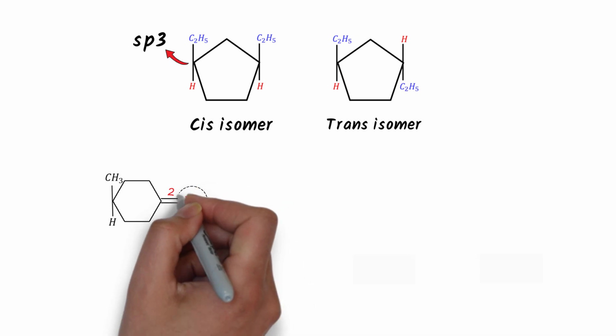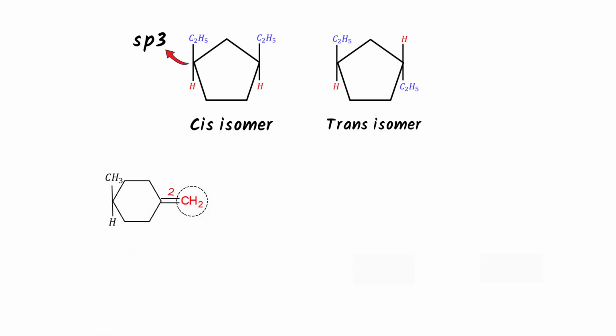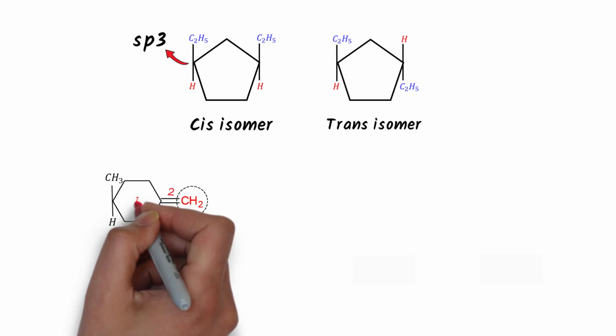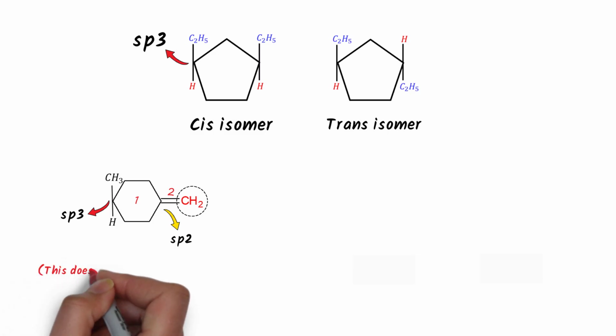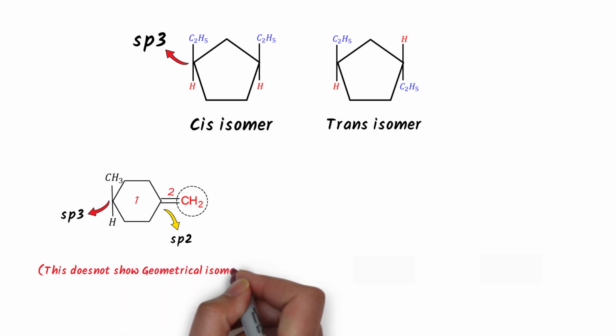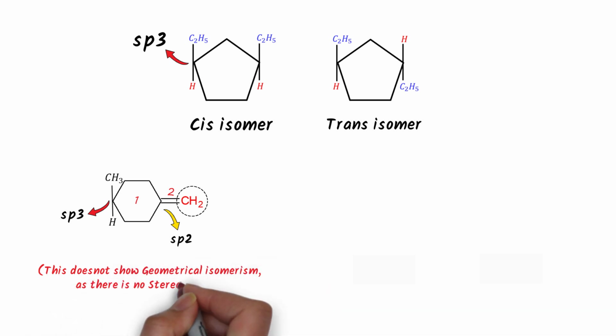As you see, the 2 hydrogens are attached to the restricted carbon, and looking at the ring designated as 1, there are nevertheless 2 different groups attached to one restricted carbon, and this carbon is sp3, but on the other side it's a double bond, that's an sp2 carbon, so it doesn't obey the conditions. So this does not show geometrical isomerism as there are no stereocenters possible.